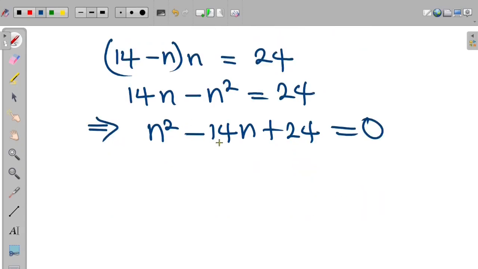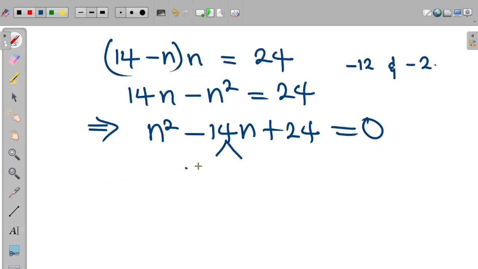Now let us provide the solution for this quadratic equation. So we look for two integers that their sum is equal to negative 14 and their product is equal to 24. The two integers are minus 12 and minus 2, because minus 12 plus minus 2 is minus 14, and minus 12 times minus 2 is 24.